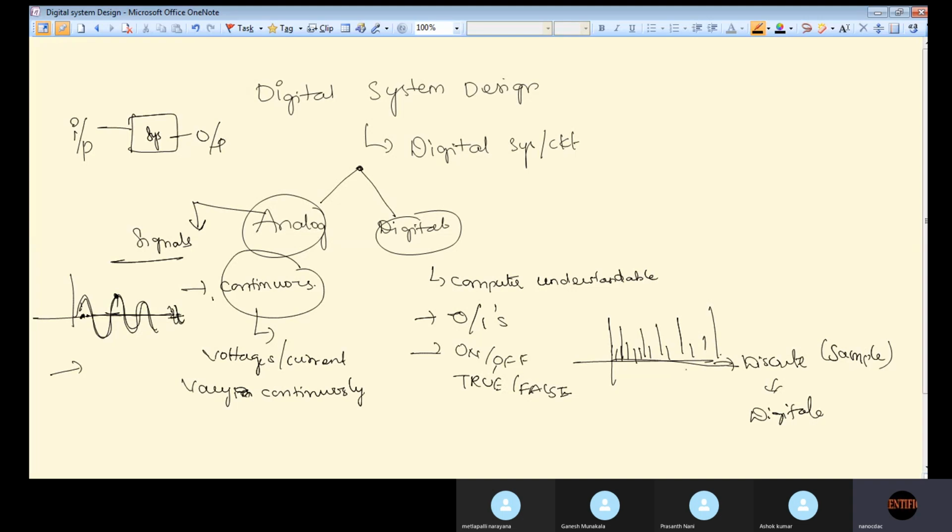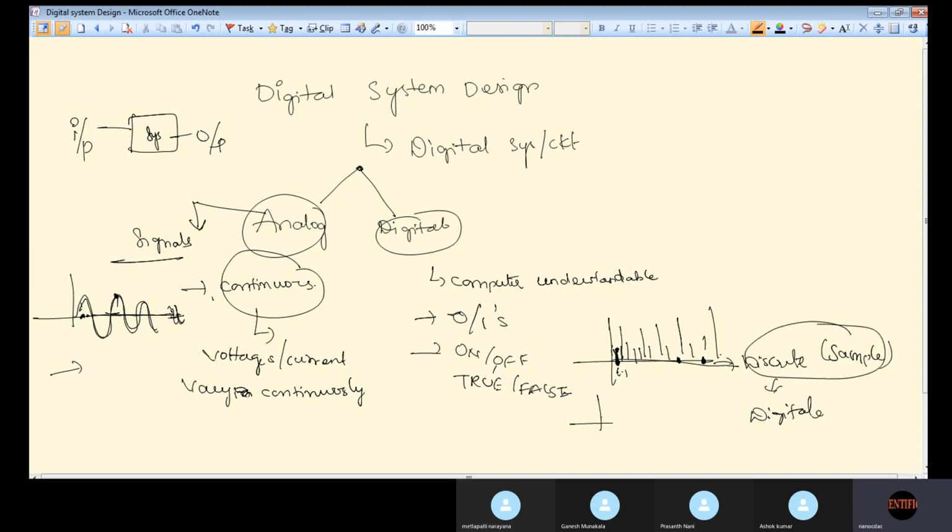For this discrete signal, at a particular time instant, let us suppose t equal to 1, I can define the signal. But at this particular time instant there is no sample, and also at this particular time instant there is no sample. So I cannot define the signal at each and every time instant. That is called a discrete signal.